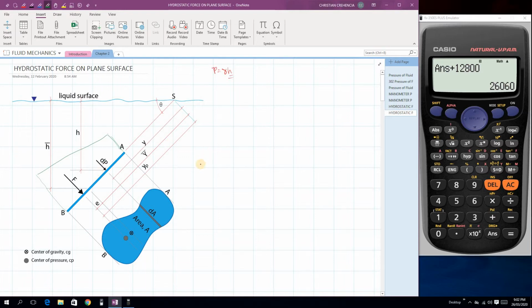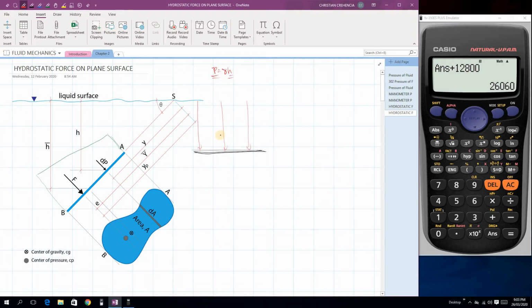Unlike kung meron tayong, let's say, isang plane surface na naka-horizontal. Let's say yan yung ating plane surface. So yung depth niya from the liquid surface is constant. Then kung kukunin natin yung pressure niya at any point, we have a constant pressure.